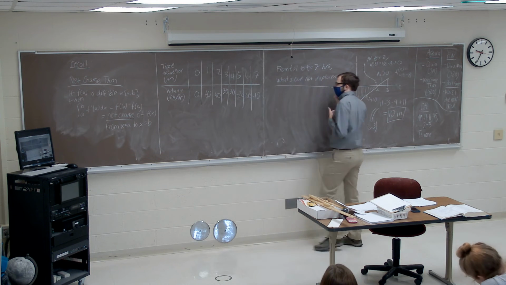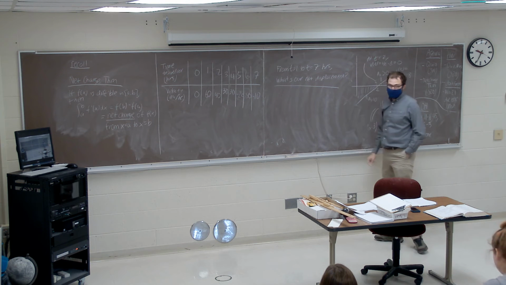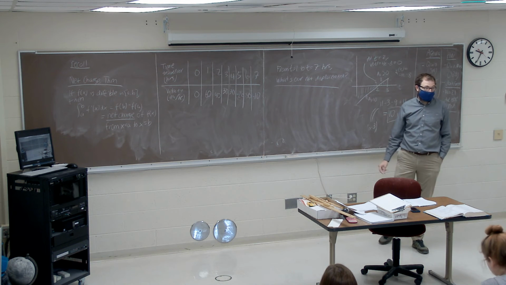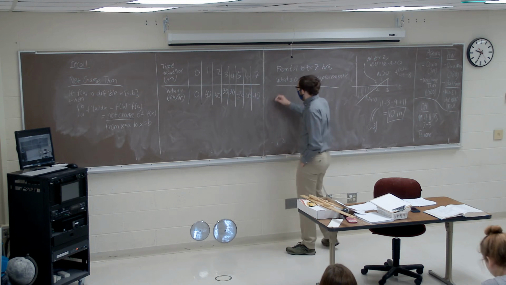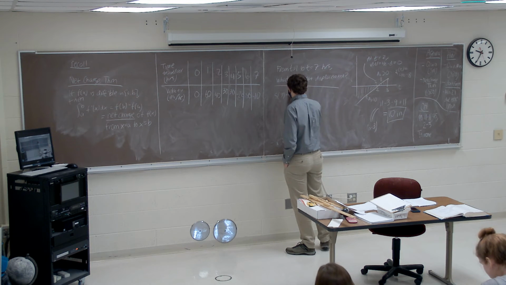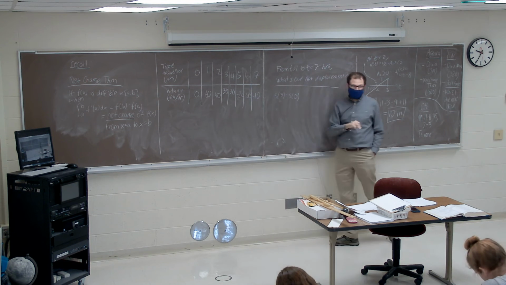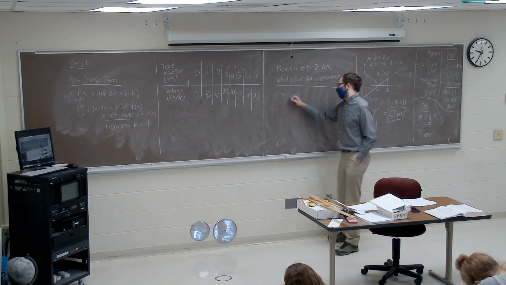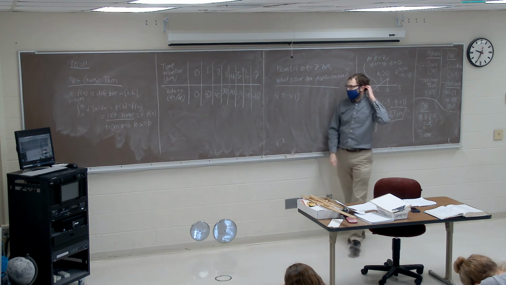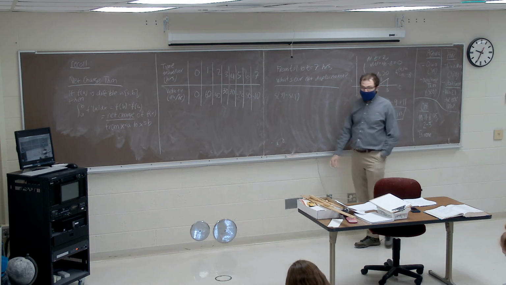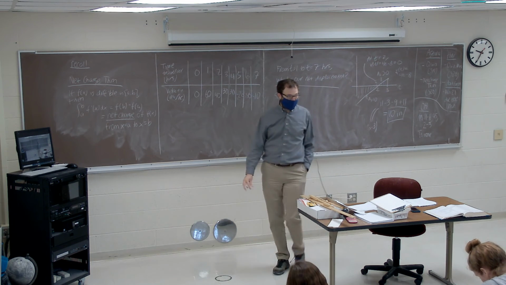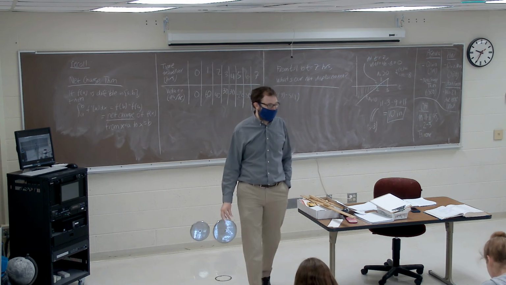In other words, after 7 hours, if we want to calculate S of 7 minus S of 1, at 7 hours, how far are we from the spot where we were at t equals 1 hour?